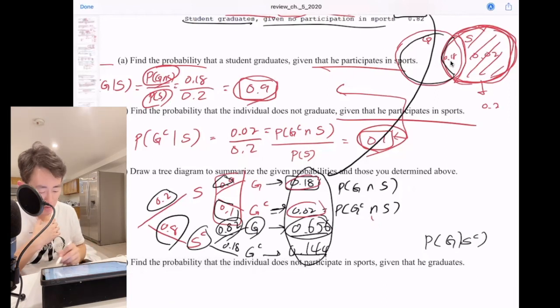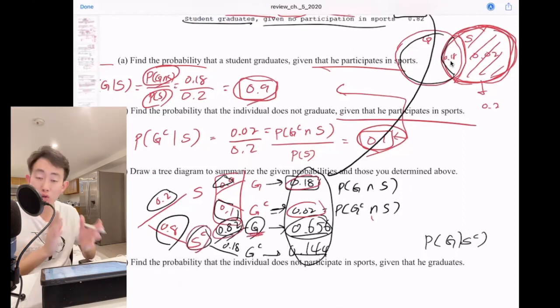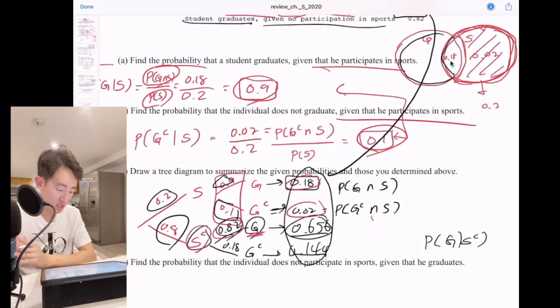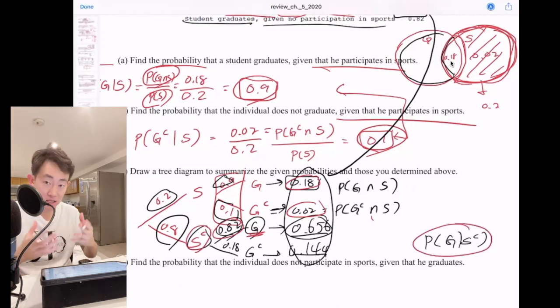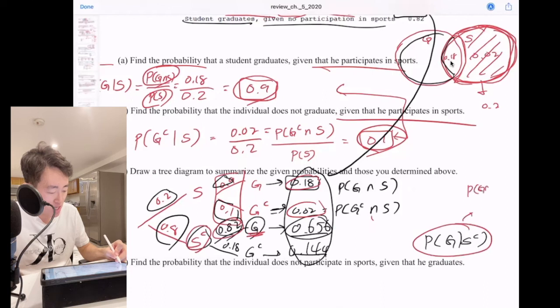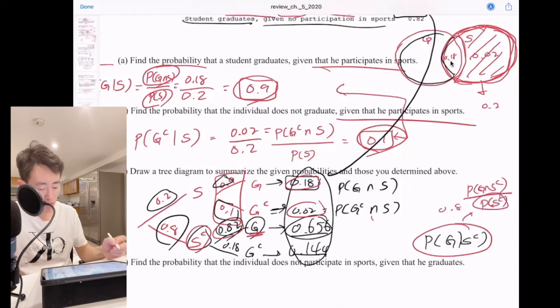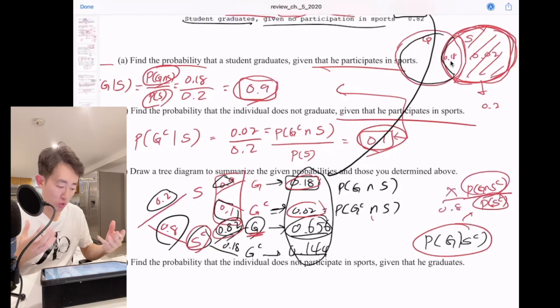So then how do I know that 0.82 belongs here? Well, that's graduating and also not playing sports at the same time. I know it says given, but this means probability of G and SC happening over probability of SC happening. So given that it's not playing sports, that would be X, because I still don't know that.